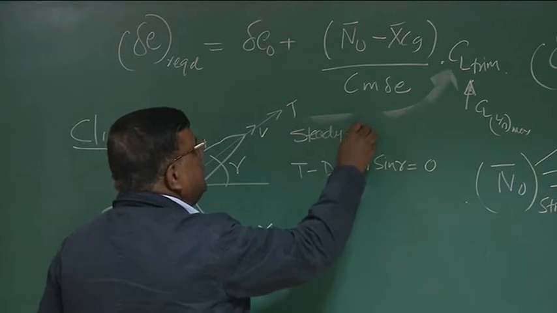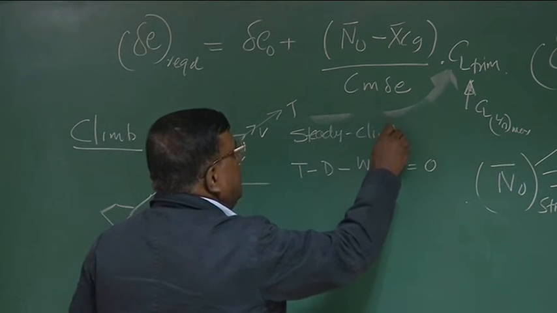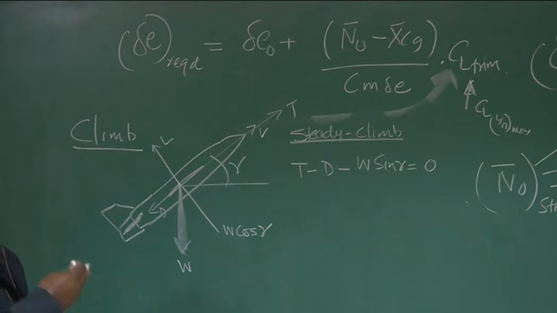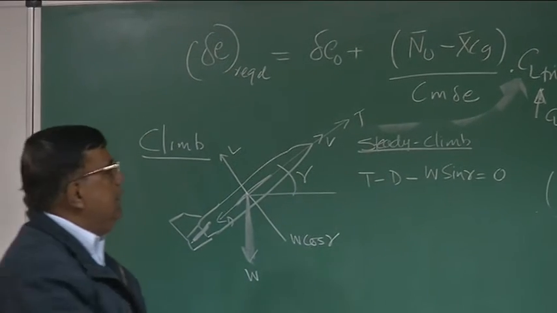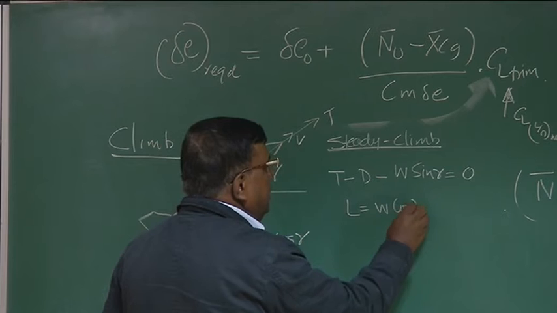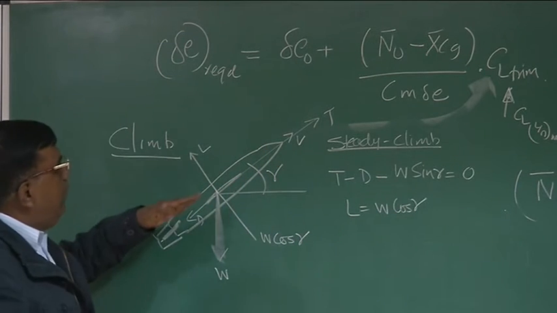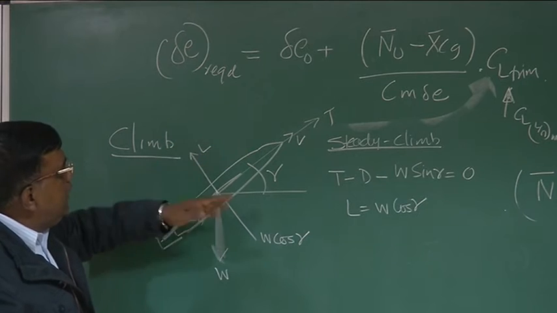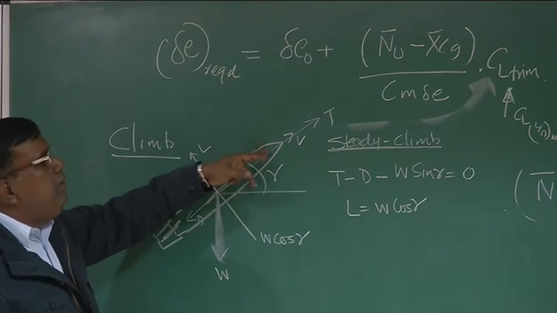We have done all this in your first course. You are advised to go through that. I'll be just glancing through it because it has relevance. And then here L equal to W cos gamma. So the message is, if I want to make a rectilinear flight along this direction, I should ensure that there is no force perpendicular to this velocity vector.